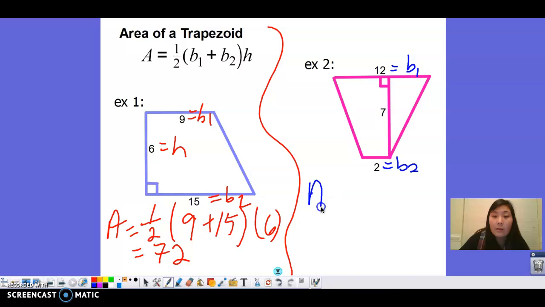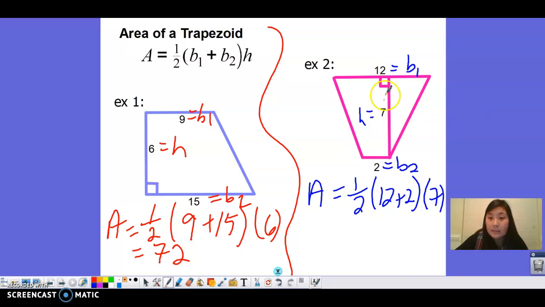So we can do area equals 1/2 times 12 plus 2 times 7, because 7 is going to be our height, because it is going from one base to the other at a 90-degree angle, because it's meeting this base at a 90-degree angle, so it's perpendicular. When we type that all into our calculator, we get 49 as our area for the pink trapezoid. So make sure you're getting these examples down.